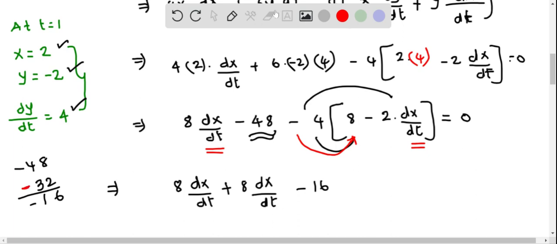So -32 minus 48 gives -80, so I replace this by -80.